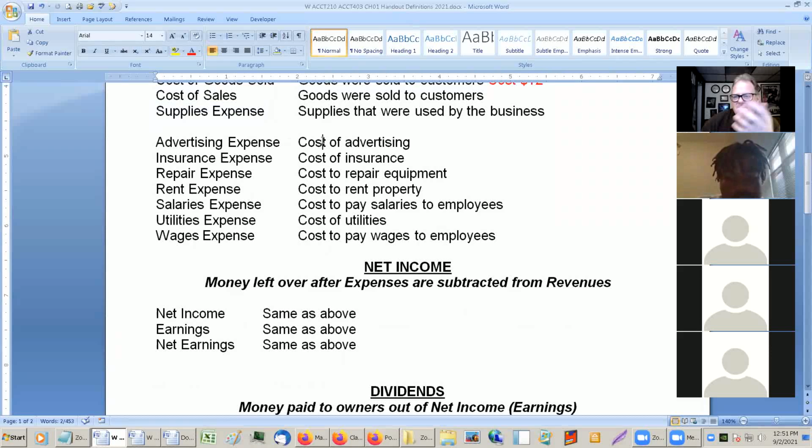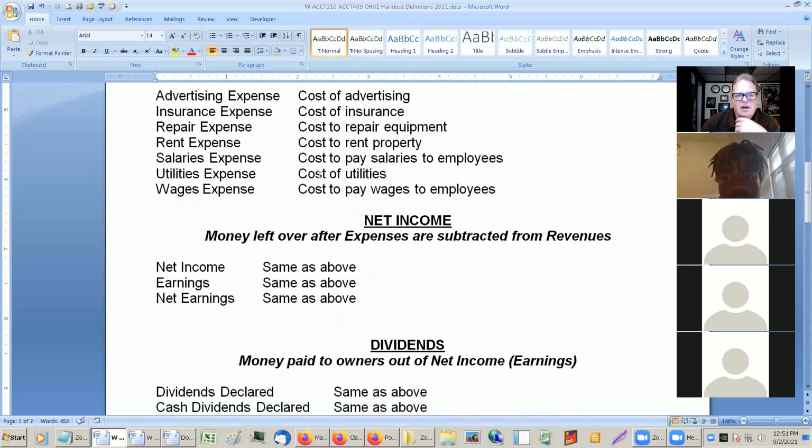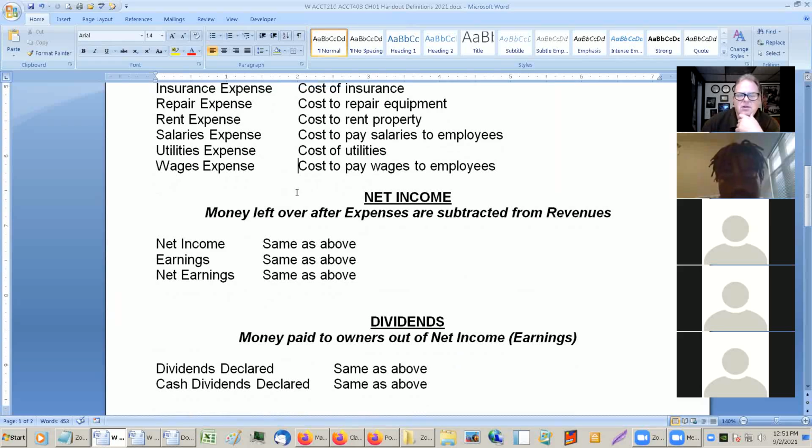So advertising expense, it's the cost of advertising. Insurance expense, cost of insurance, and so on and so forth. Salaries, what you paid your employees, salaries expense. Wages expense. If some employees are paid wages, some are paid salaries, so you separate them. Sometimes these are used interchangeably also.